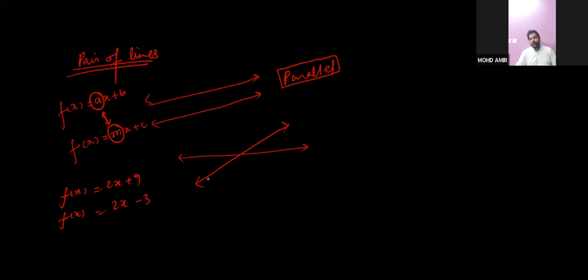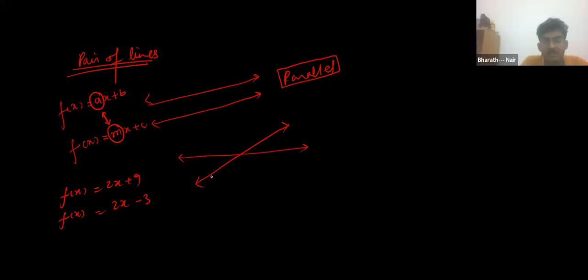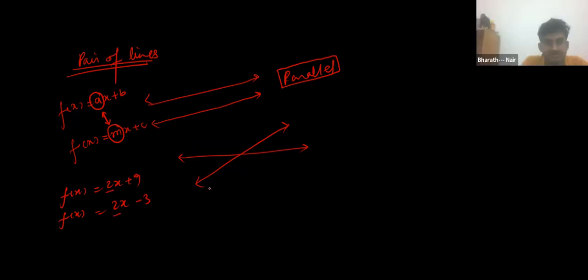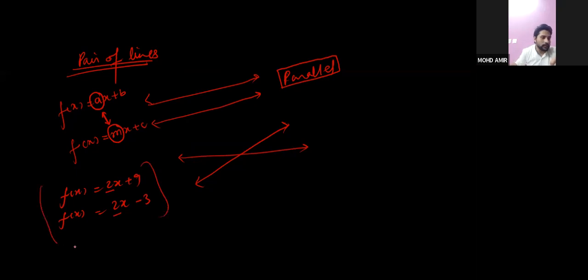Are these two lines parallel or intersecting? Parallel. Because their slopes are equal. Okay, their slopes are equal. So we can just figure out by looking at the function itself whether these two lines are parallel or intersecting.